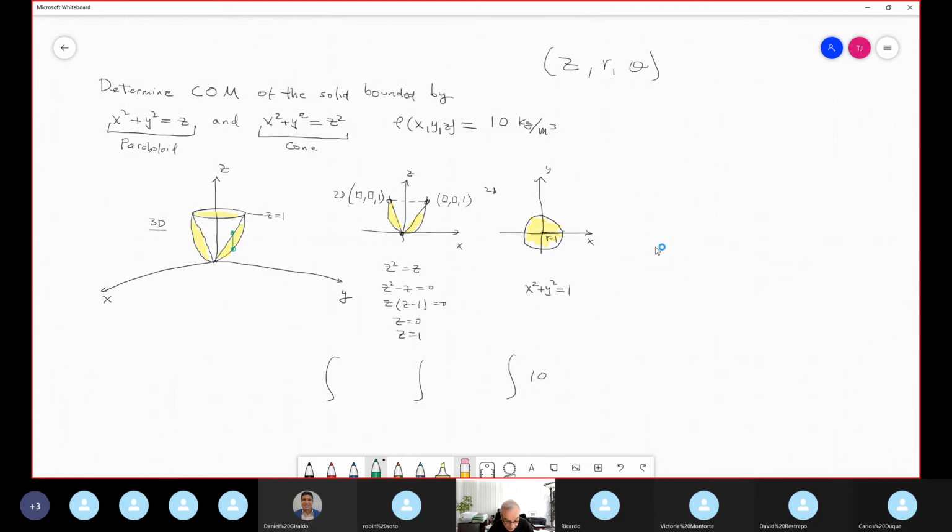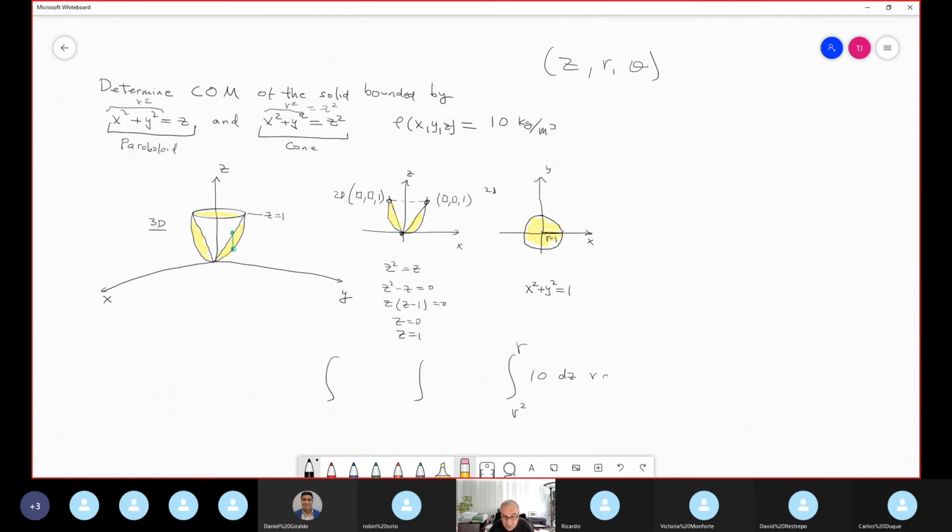O sea, es dz. dz goes to z1, que es the z of the paraboloid, which, by the way, is r squared, because z is x squared plus y squared. This is r squared. To the z of the cone, que es, this is r squared again, pero this is z squared. And you apply square root both sides, es r, just r. This is the z. Okay, super.